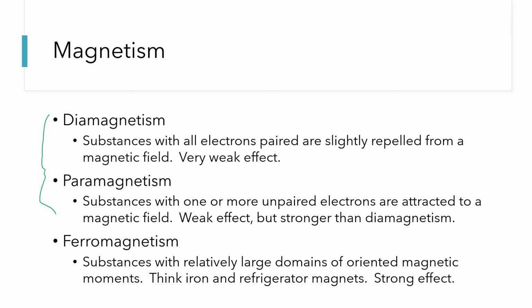But both of those things are blown away by ferromagnetism, which is what you normally think of when you think about magnets, like refrigerator magnets or those little neodymium magnets. And that's a very strong effect, and that has to do with large clusters of atoms that are referred to as domains lining up within the material, and it's a much, much stronger effect.